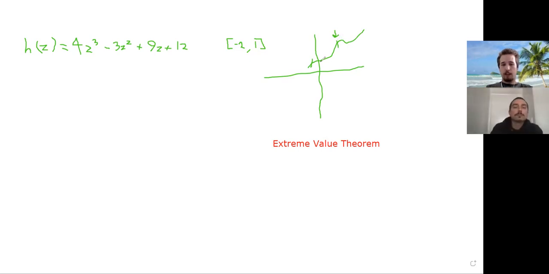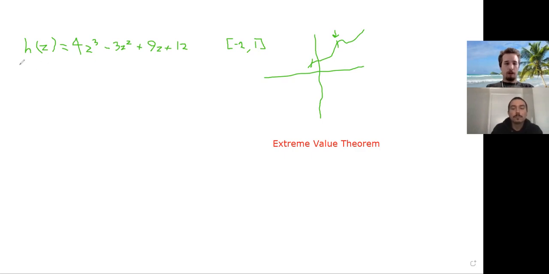So it's not just the case of looking for the local max in the interval, we have to test the endpoints as well. Okay, so the first step is to try and find any critical points on the interval, and to do that, we have to take the derivative first. But just remember, at the very end, we have to test the endpoints as well.